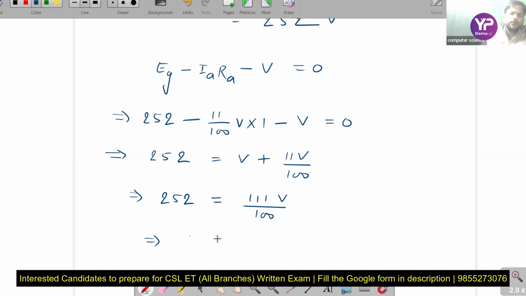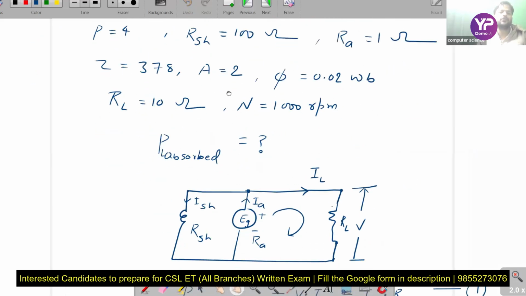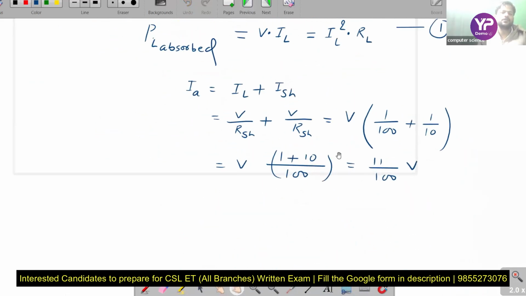By simplification, V equals 252 into 100 upon 111. Simplify this, we get the value of V, which is approximately equal to 227 volt.